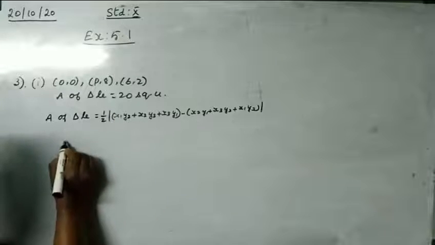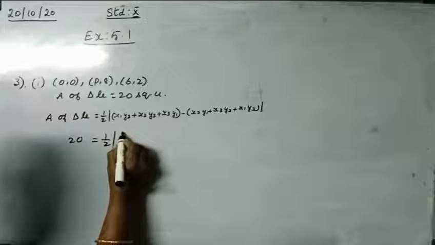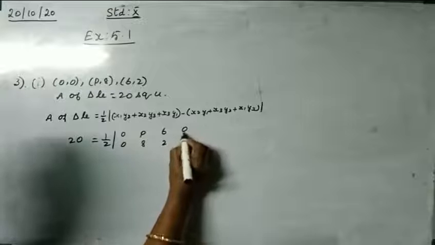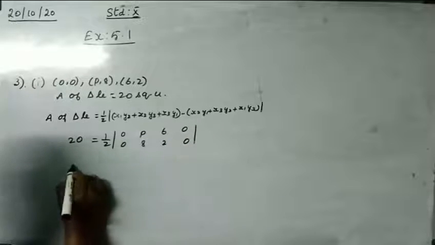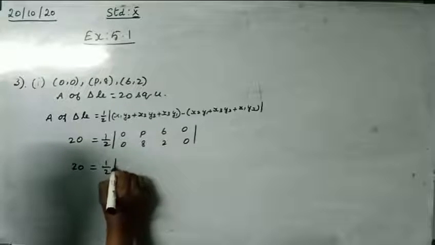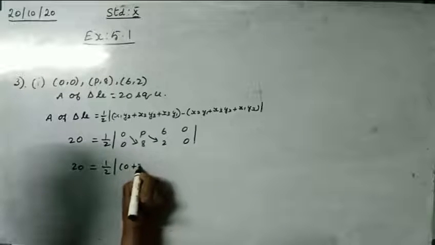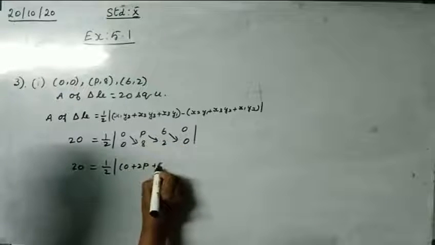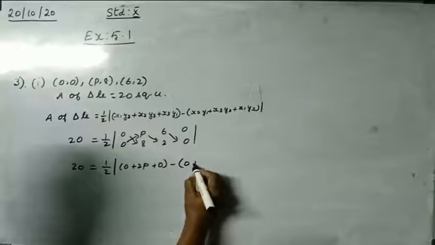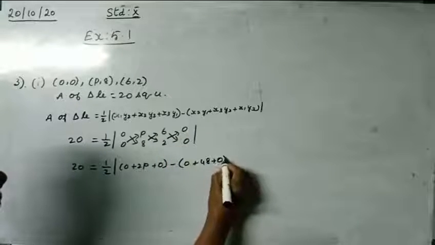Now area of triangle is 20, which is equal to 1 by 2 modulus of 0, 0, P, 8, 6, 2, once again writing 0, 0. So 20 is equal to 1 by 2 of 8 into 0 is 0, P into 2 is 2P, 6 into 0 is 0, minus 0 into P is 0, plus 6 fours are 48, plus 2 into 0 is 0.